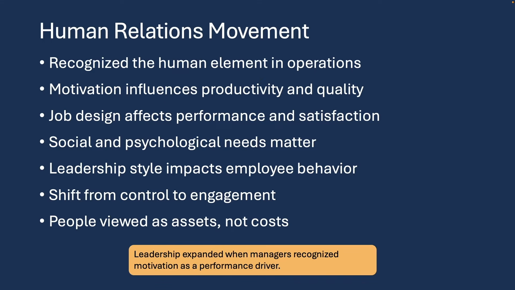Studies like the Hawthorne experiment showed that attention, leadership style, and social factors affect performance. This movement shifted operations management away from pure control and toward engagement. Workers were no longer seen as interchangeable parts, but as contributors whose behavior shapes outcomes.